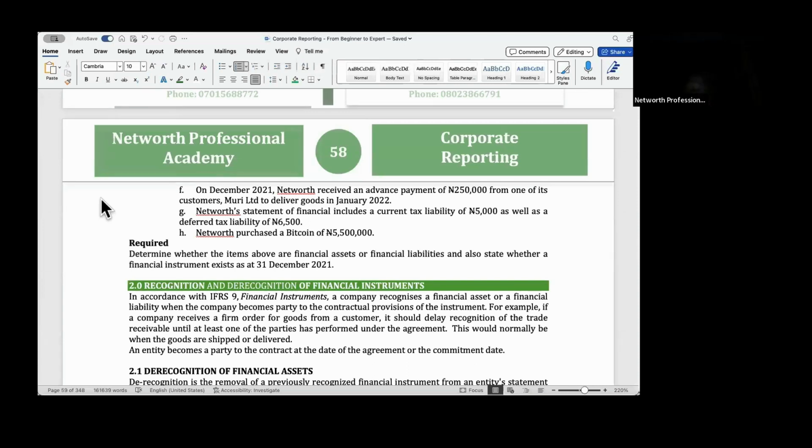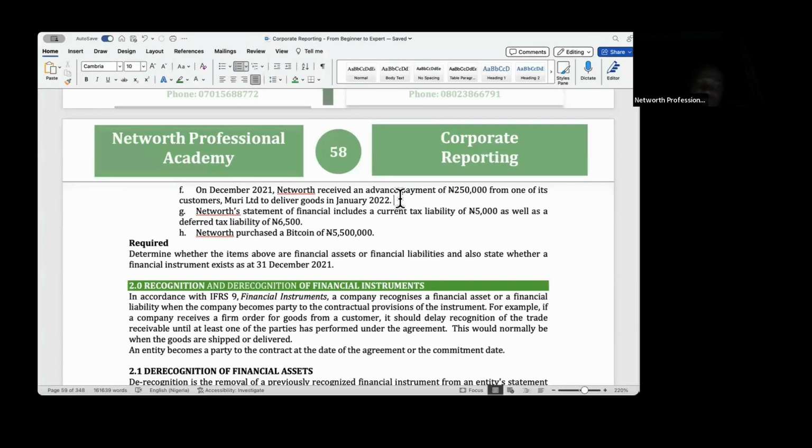So I think I've explained this to you before that net worth received an advance payment of 250,000 from one of its customers to deliver goods. This is similar to the example I gave that if I collect money from you to buy a car for you, that money is a liability in my hand.